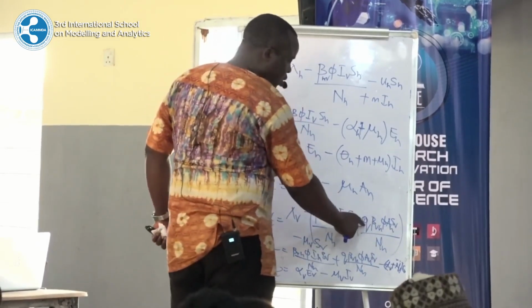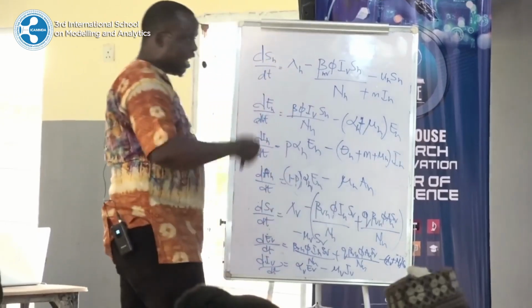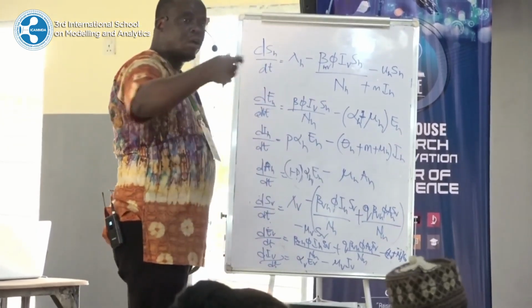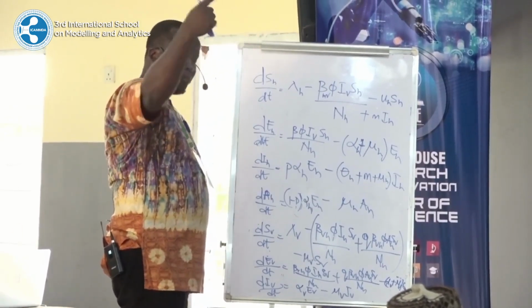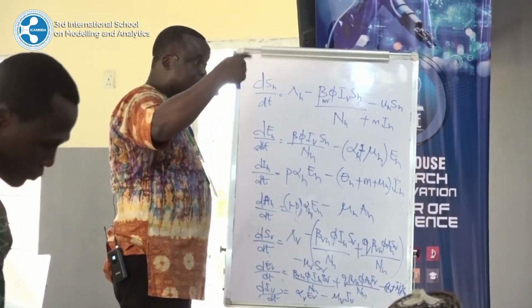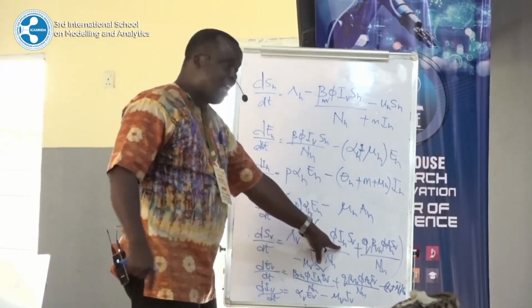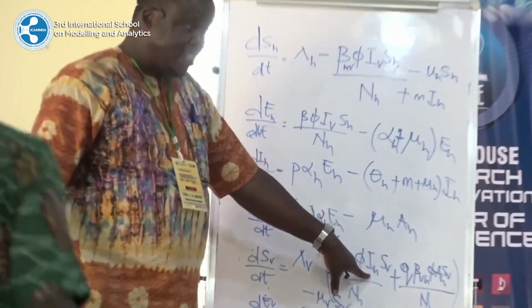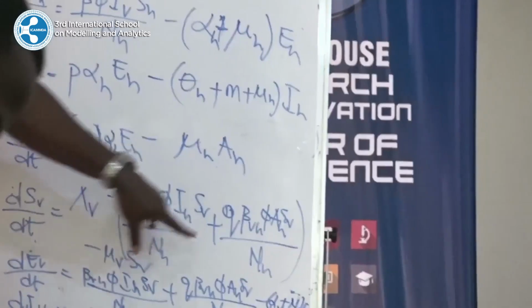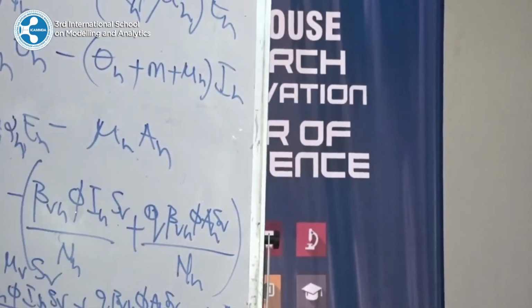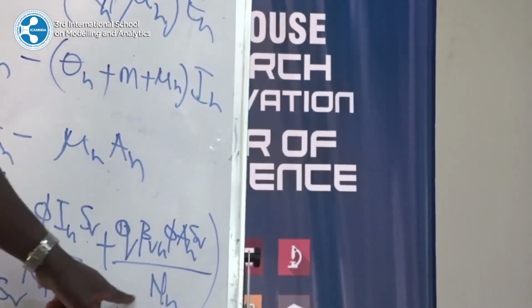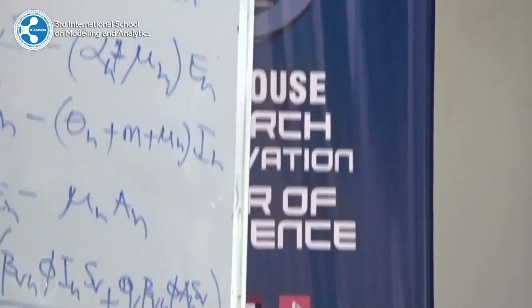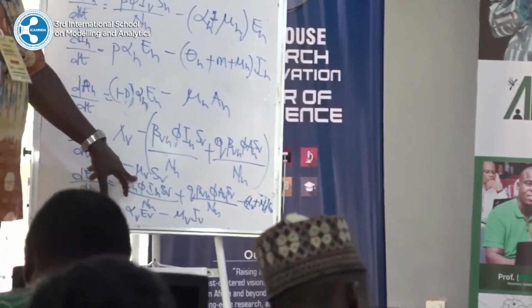Then plus this, it's like a reduction factor, because the rate at which the asymptomatic will infect the susceptible mosquito is not the same rate as the IH will infect the susceptible mosquito. So we are factoring in this Q there, and then beta VH phi AH SV over NH, and then minus mu V, that's the natural death rate of the susceptible mosquito.